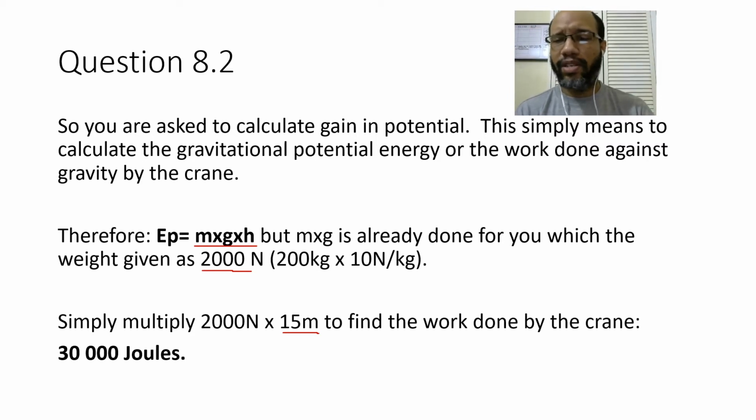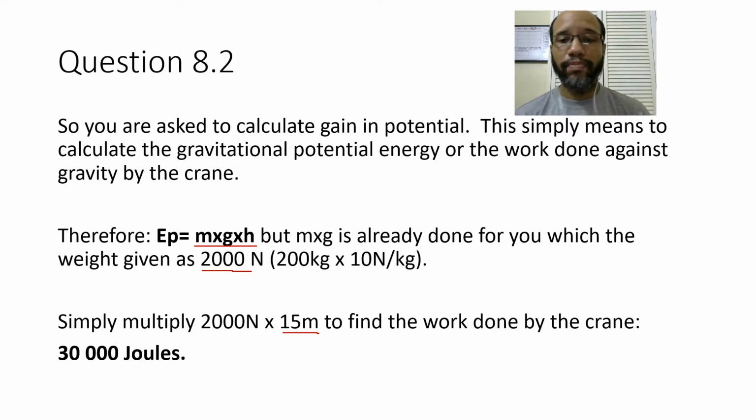So that might look a little different to what the equation is supposed to be, because you see mass, you see g, and you see h. But this is actually a force. Don't panic. Very simple. Because a gain in potential energy is really work done against gravity.